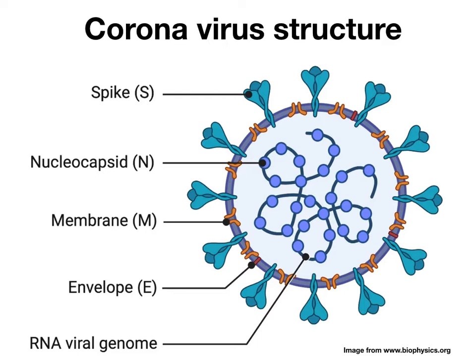But before I go into all the details of what these parts mean, what the important proteins or the RNA viral genome are, how important they are for the virus, and what they do, I'm going to cover all that, but first I want to give a very high level overview of what viruses are and how they are different from bacteria and other organisms.